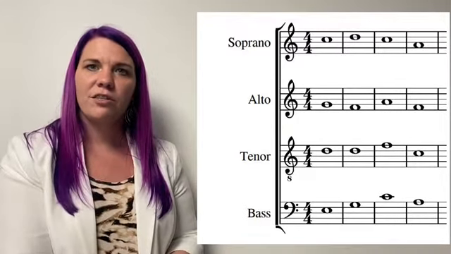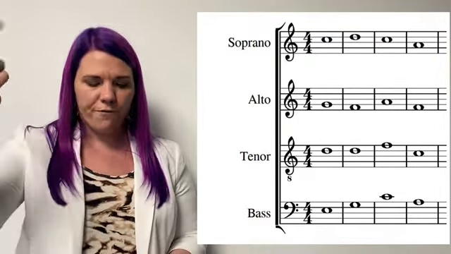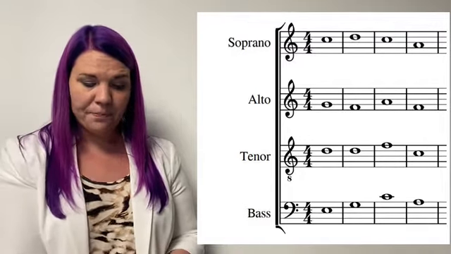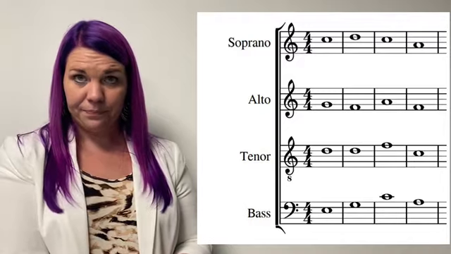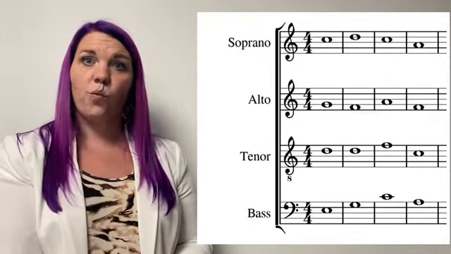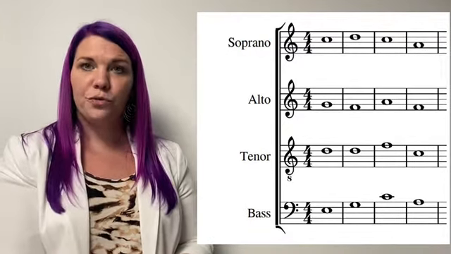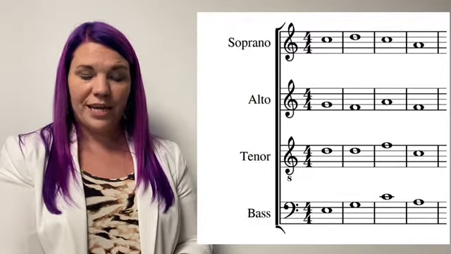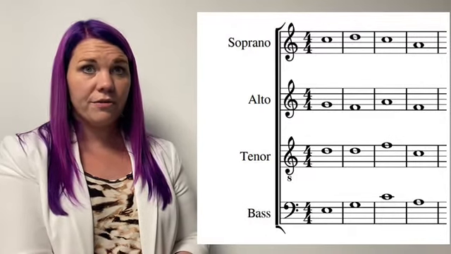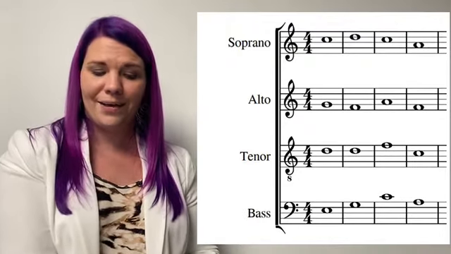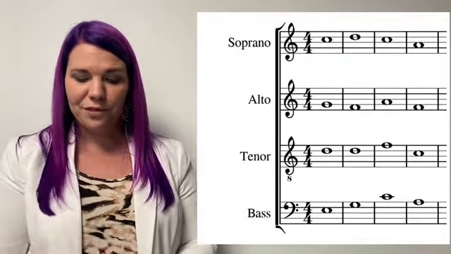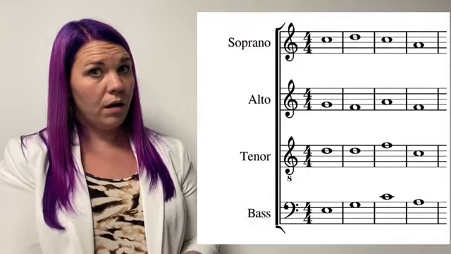So we've started on C, we've gone up a step, we've come back down a step, and now the last note in that sequence is an A, which goes down 2 steps. So we've just ended here. We have to go down 1, 2 to there. So that whole sequence for the sopranos would go.